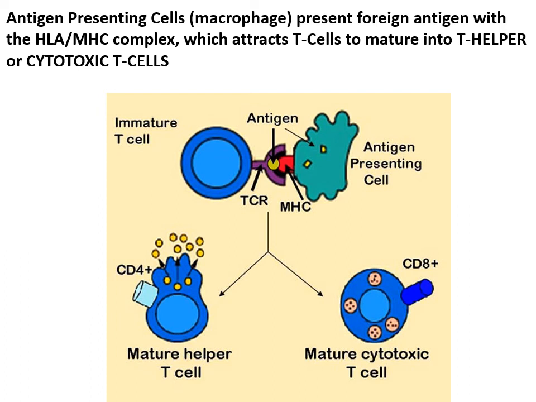So the antigen presenting cell, let's just call it a macrophage, presents the foreign invader or the antigen with the HLA complex, and it presents it to the T cells, such as the T helper cells or the cytotoxic T cells. And then they mature and form a long-term memory to that specific antigen and also destroy the one that's present.